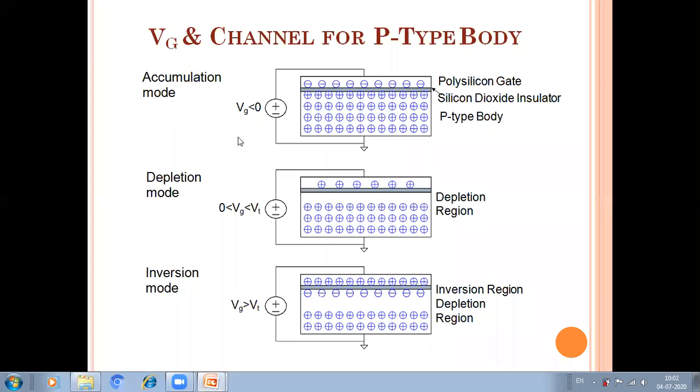Suppose the gate voltage is less than 0, at that time the accumulation mode will occur. When VG is between 0 and the threshold voltage, the depletion mode will occur. In the inversion mode, VG is greater than the threshold voltage.